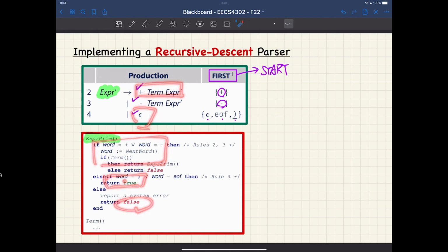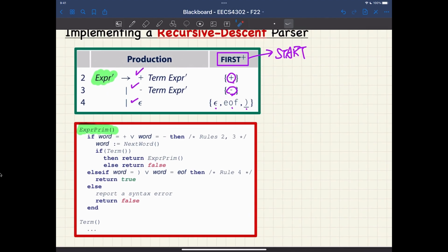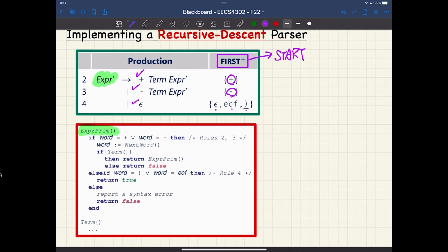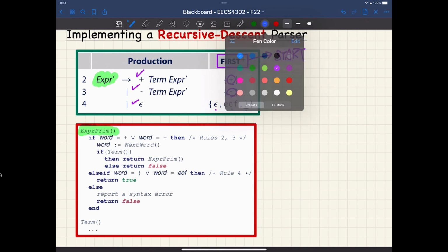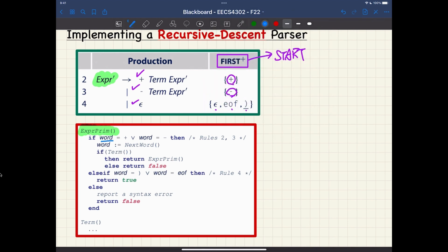Let's dive a little bit more into detail. Here we're being just a little bit more efficient. If you read it over here, we'd say if the current word matches either plus or minus, in that case, we're going to try to match term, the next.